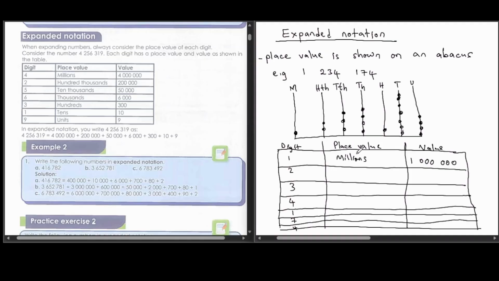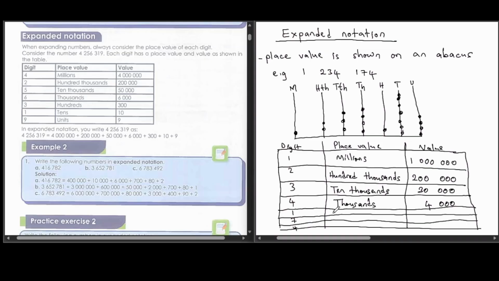Then the place value of 2 is 100,000s, and the value is 200,000. And the place value of 3 is 10,000s, or tens of thousands, and the value is 30,000. The value of 4 is thousands, and the value is 4,000.